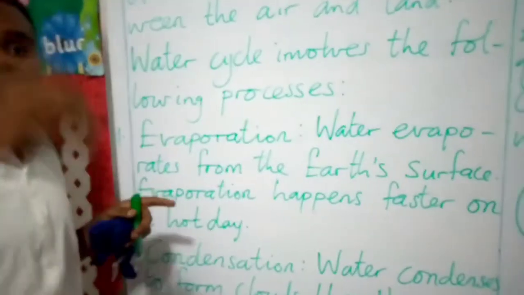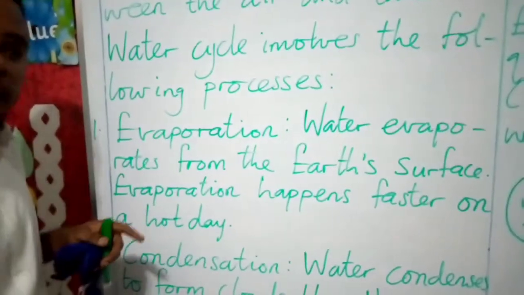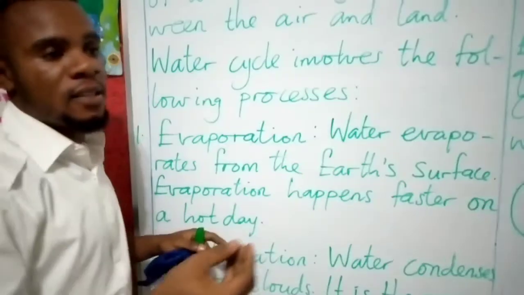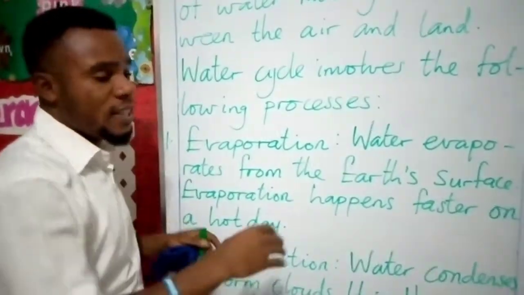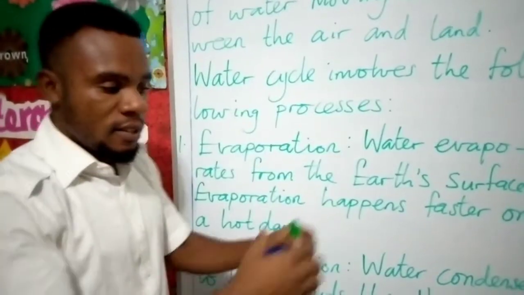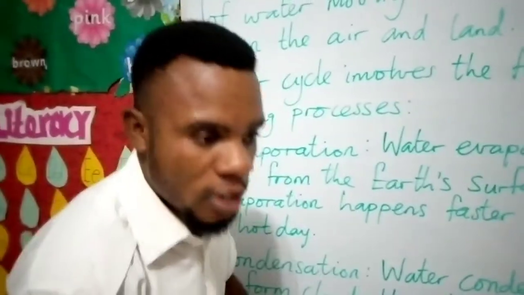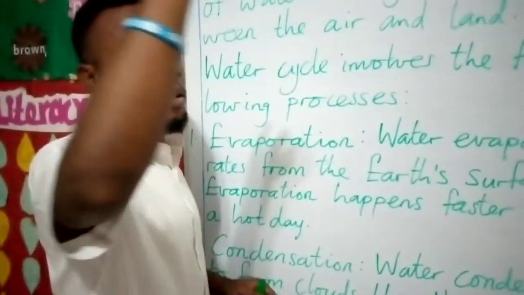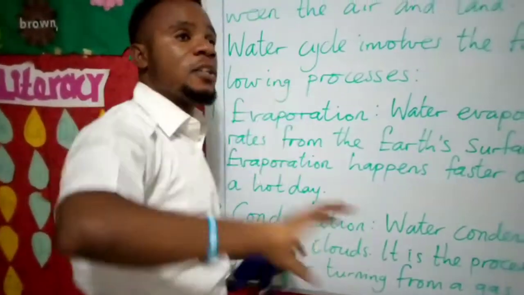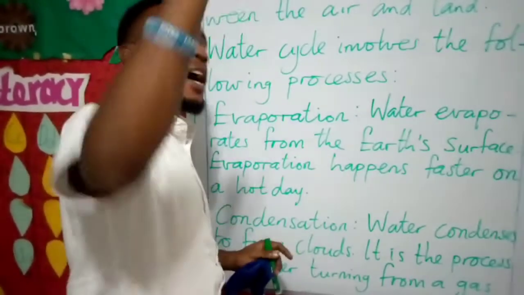So when the sun hits the land or the earth, it evaporates the water to the atmosphere. So the water leaves the sea little by little, leaves other water bodies, and it moves through the air to the atmosphere.